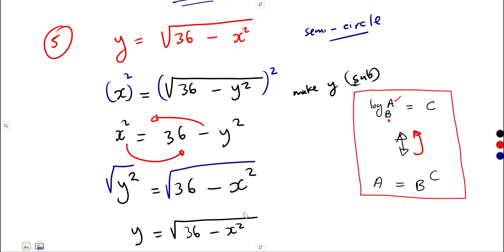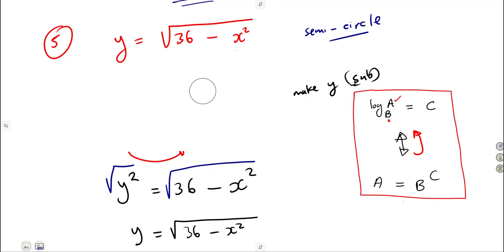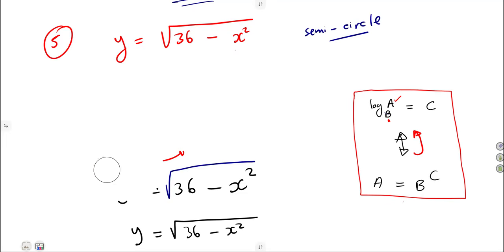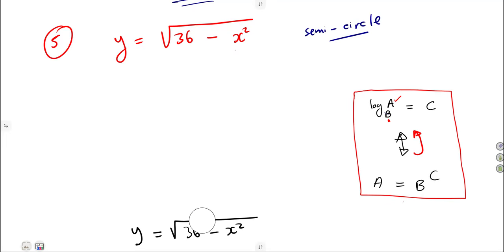In those, to find their inverses, you just interchange x and y. It will be the inverse. You saw that by calculation, it goes back to the original function. So in actual sense, we'd be saying there is no inverse if we do it like that. But in a normal sense, its inverse will be just interchanging x and y, the inverse function. So that's what you're going to do for semicircles.